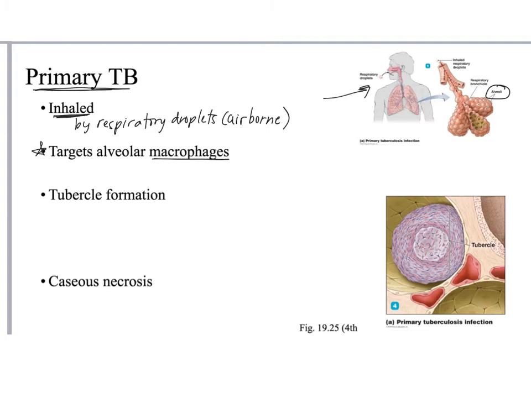Okay, so it starts out, once we have, again, the infection, the prodromal period, you could say, is some mild flu-like symptoms. You know, some tiredness, headache, maybe a little fever, but the bacilli are replicating within those alveolar macrophages.